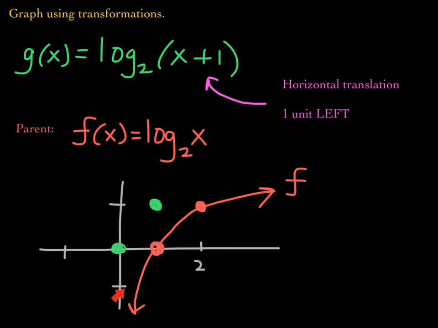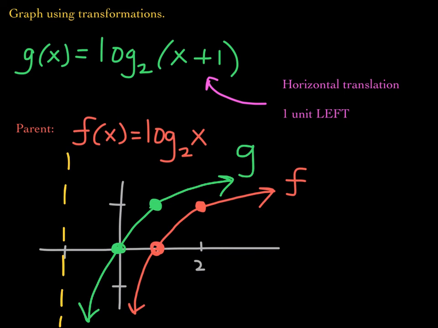But everything got moved 1 unit to the left, including the asymptote. So now the asymptote is not at x equal to 0, but at x equal to negative 1. I'm going to draw that in so I don't accidentally go too far. So my curve looks like this. This is the curve for function g. It's the same curve, it's just that my whole curve got moved over 1 unit to the left.